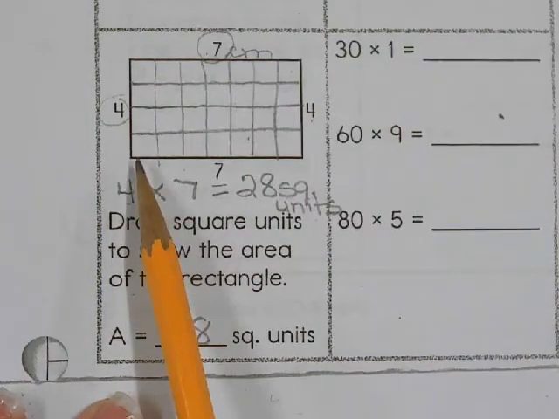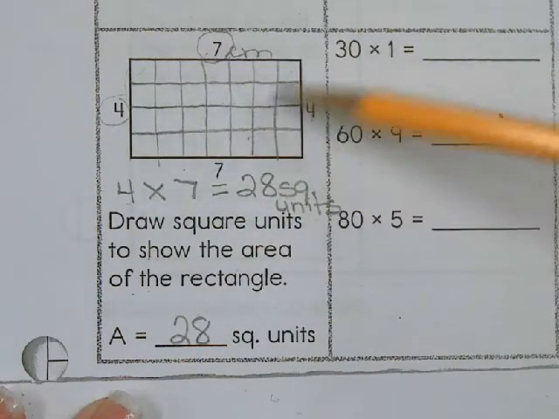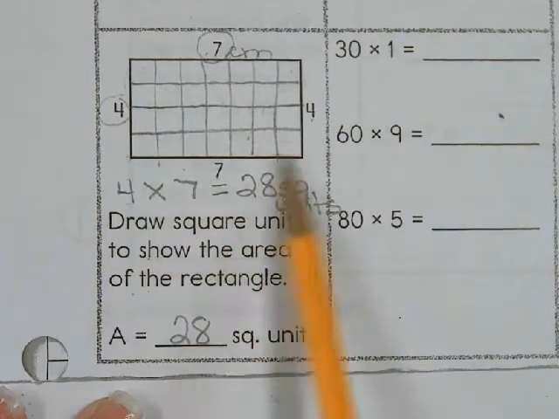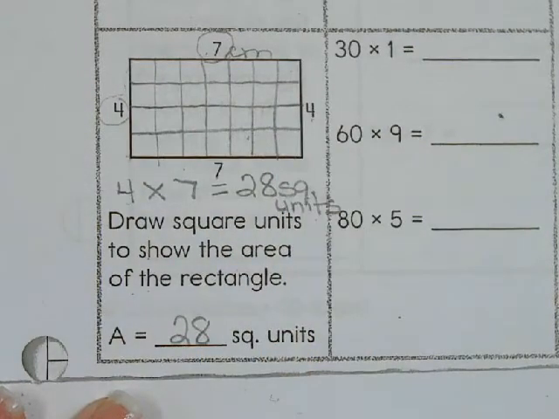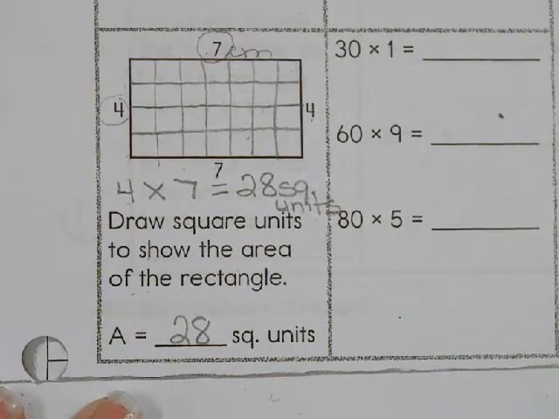If they were to ask for perimeter, we would take the length of each one of these sides and add them together to find the perimeter, which is the distance around this rectangular figure.